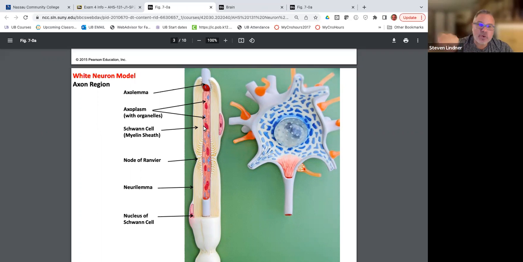And what it creates as it starts to wrap around the axon is this protection. The protection is what is referred to as the myelin sheath. The myelin is made up of fat, lipids, cholesterol. It's really a fatty insulation.